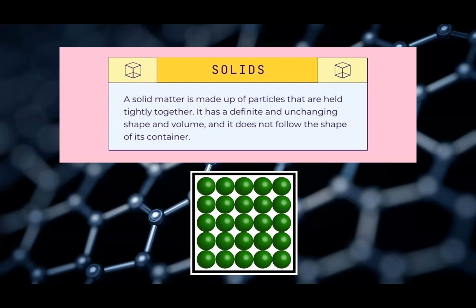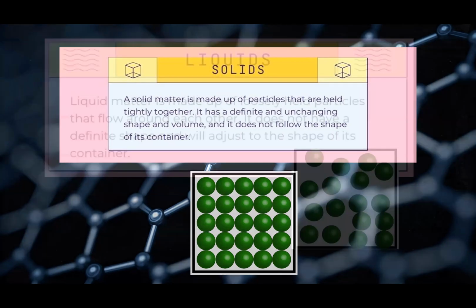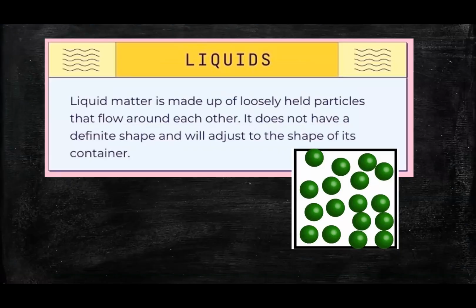It has a definite shape and unchanging volume, and it does not follow the shape of the container. So we can have, for example, a cubic block of ice, and we can put that in a circular glass. It's not going to change the shape of our solid cube, of course, until it melts, it becomes a liquid.